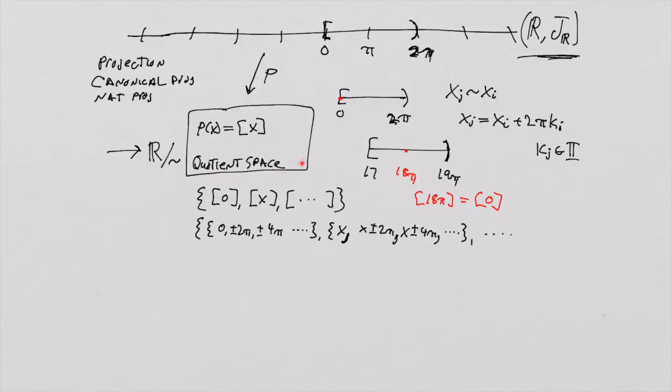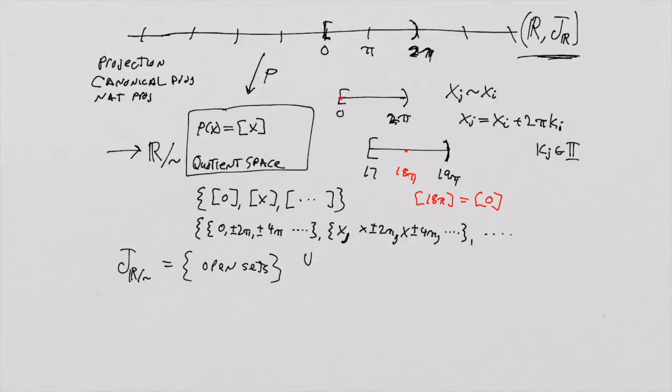But the question still remains: what's the topology of the quotient space? We know the topology of the real line, but the topology of the quotient space, we don't have one. Remember what the topology is. The topology of the quotient space is going to be a set of all open sets. And we know the rules for open sets.